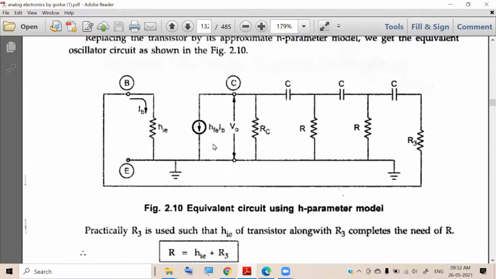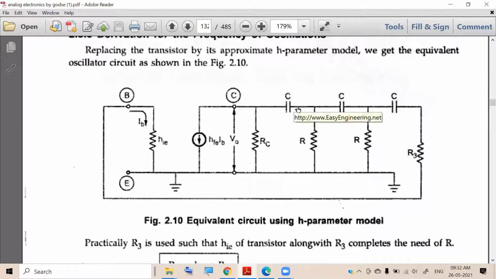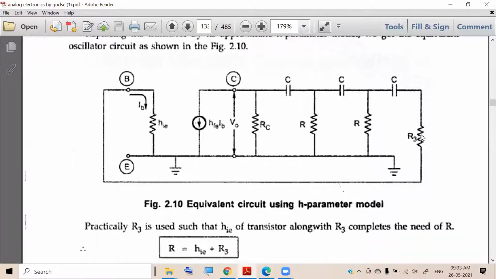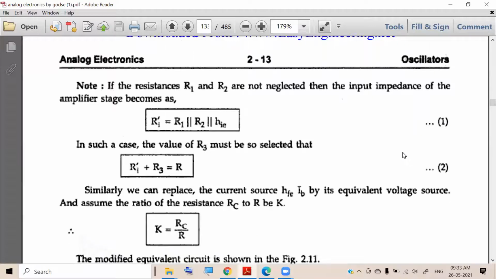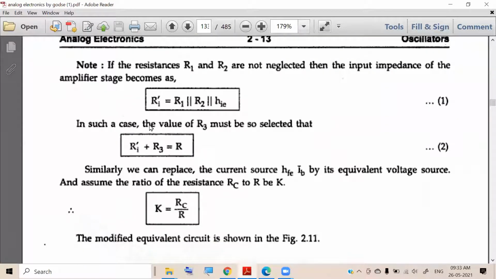Ultimately what we are doing is, the three stages' resistance and capacitance should be the same: CR, CR, CR. But because of the feedback connection, the third resistance we have to adjust accordingly, so that the net equivalent resistance becomes equal to R. That is what we are discussing here.